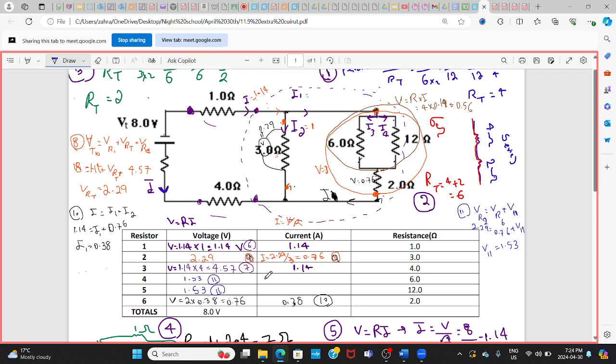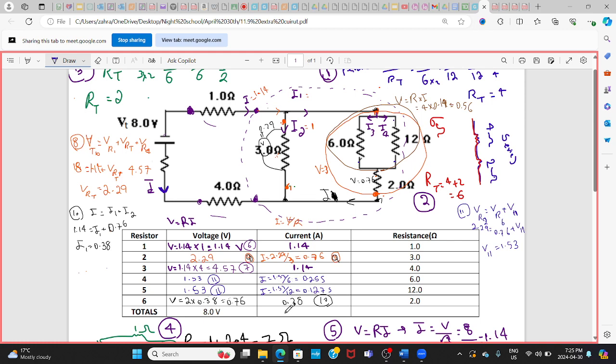Now simply I can use I equals V over R to find the I. 1.53 divided by 6 is 0.255, and divided by 12 is 0.1275.